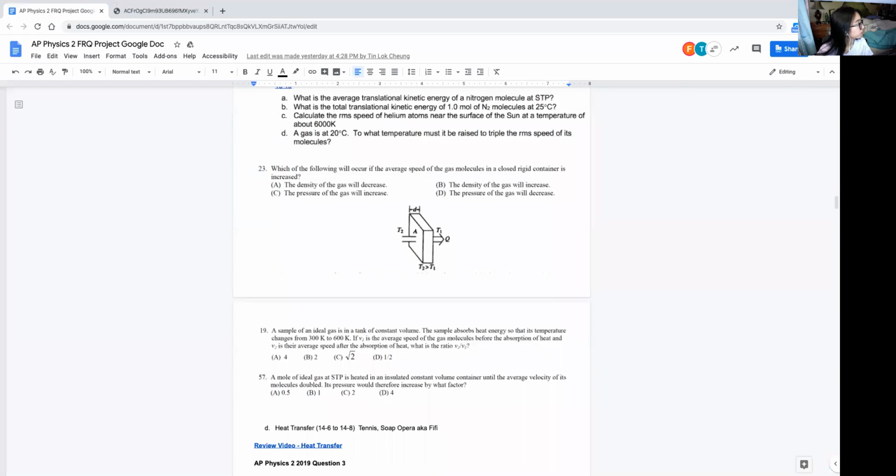Okay. Next question. A gas is at 20 degrees Celsius. To what temperature must it be raised to triple the RMS speed of its molecules? We're going to use the same equation, v_rms equals the square root of 3kT over m.